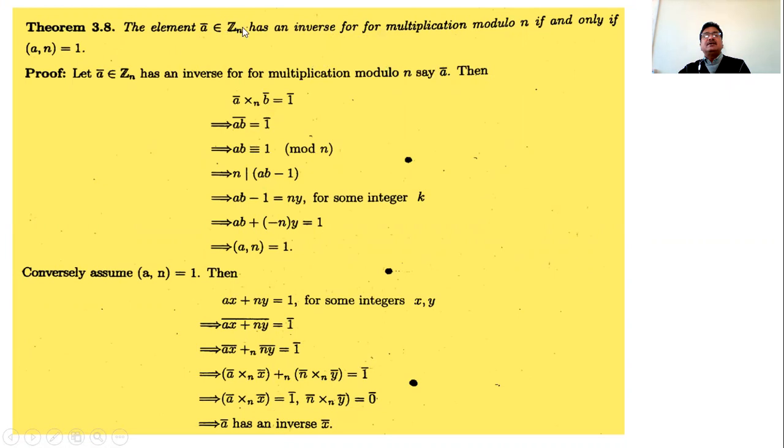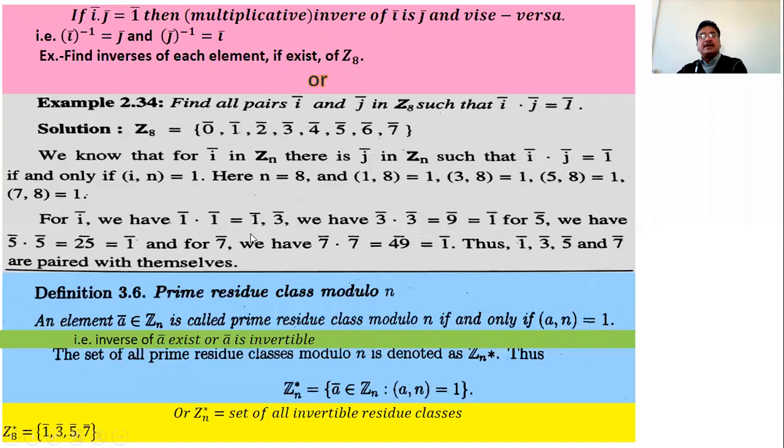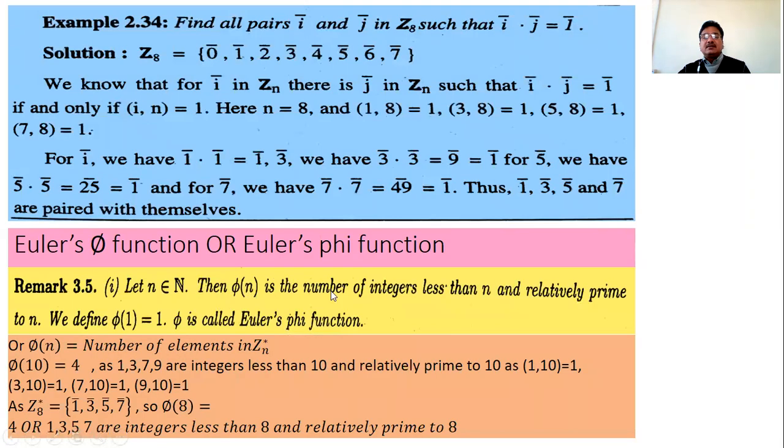So when a bar is a prime residue class, the greatest common divisor of a and n is 1, and if the greatest common divisor of a and n is 1, then we say that a is relatively prime to n. So both definitions are the same. That is, phi(n) is the number of integers less than n and relatively prime to n, or phi(n) is the number of elements in Zn star. The meaning of both definitions is the same.